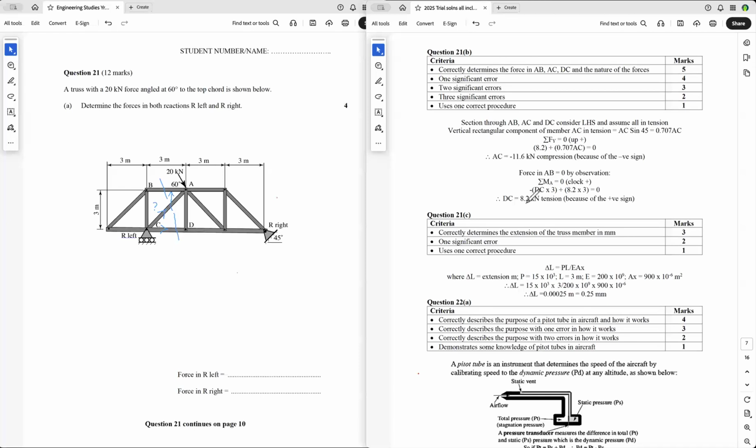So therefore, DC equals plus 8.2 kilonewtons. And because it's plus, it's in tension. And that's how you do those method of section questions.